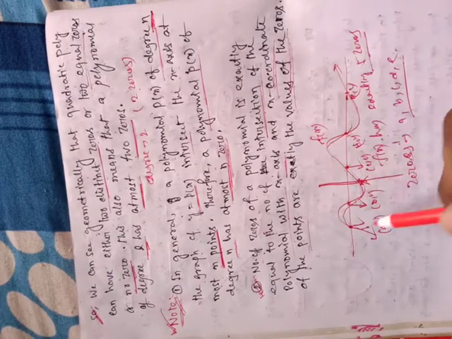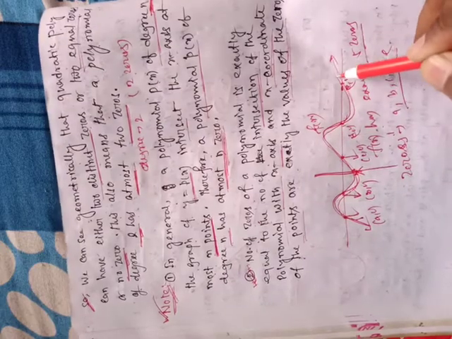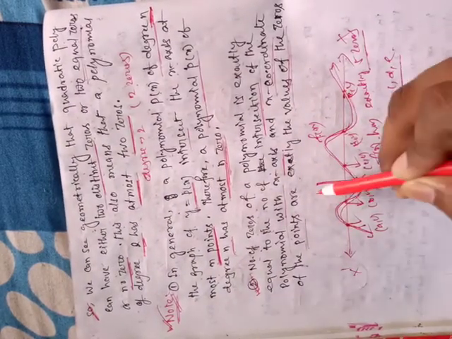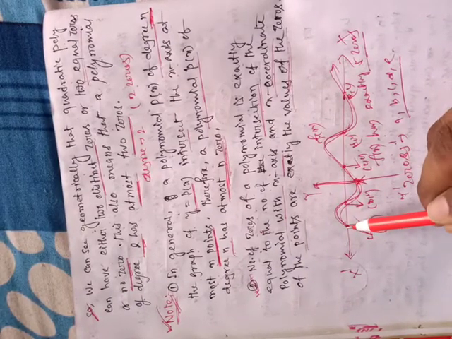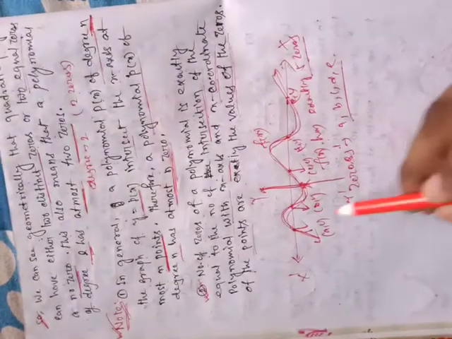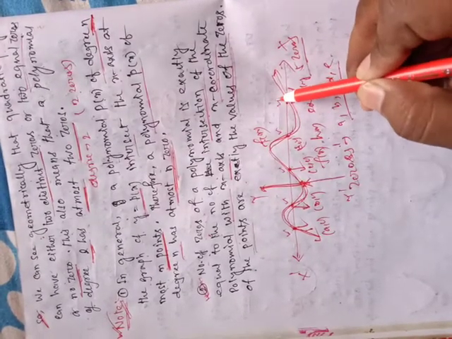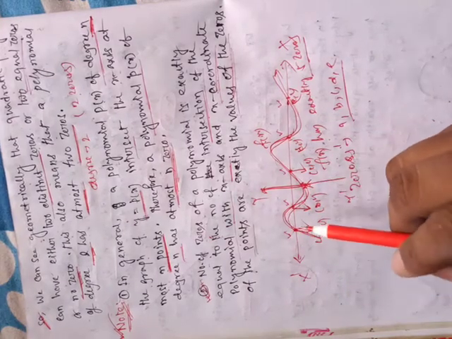Similarly, the number of zeros of a polynomial is exactly equal to the number of intersections of the polynomial with the x-axis. Suppose the graph of this polynomial is like this, and this is the x-axis and this is the y-axis. You can see this polynomial cuts the x-axis at points 1, 2, 3, 4, 5. So these are the intersection points of the polynomial with the x-axis.